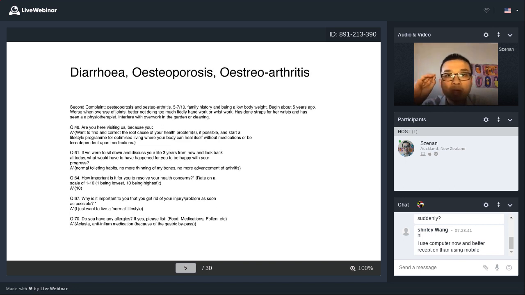Some patients just want symptom relief, so we want to know what the patient thinks about what they want. We are not treating the patient with what we want. Some patients don't care about the root cause. They just want symptom relief, and if that's what they want, we always tell them what symptom relief is and what the root cause is. We ask the patient, what do you want to treat? And the patient will choose what they want, and we treat the patient according to what they want, not according to what we want.